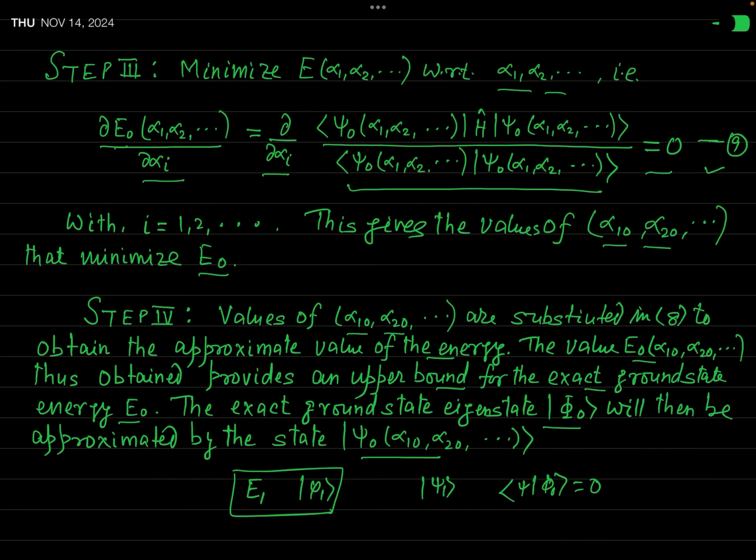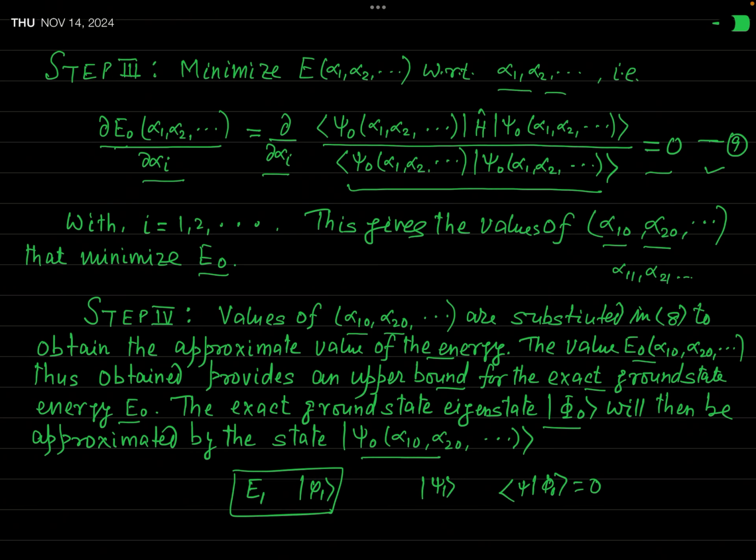And again you will get the values of alpha 1 1, alpha 2 1, and so on. And after getting these values, again you can find the upper bound value of the first excited state energy.